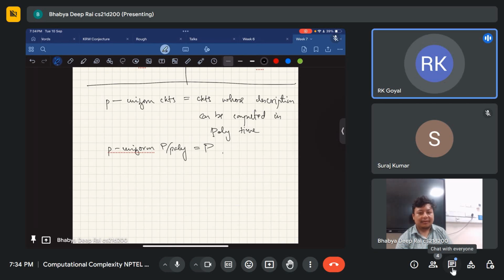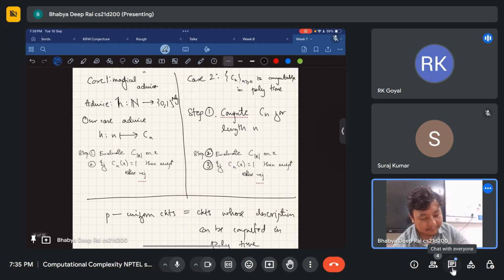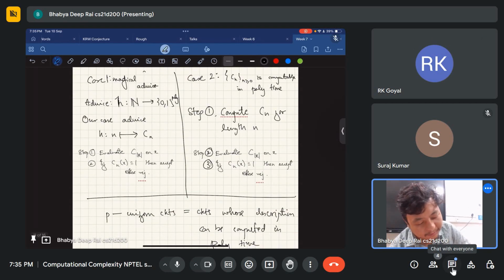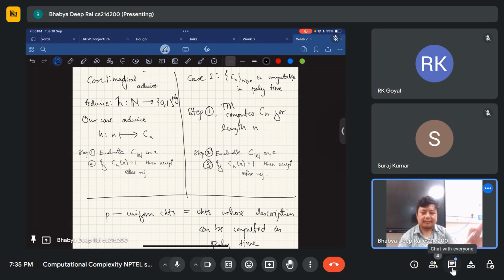Can you explain this P uniform circuitry again? What does it mean that the description of the circuitry is computed in polynomial time? Who is going to compute? The Turing machine. Oh, I see. Okay, I'll explicitly write it: the Turing machine computes Cn for length n.